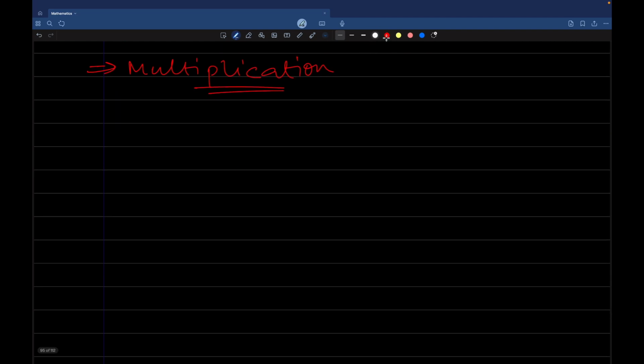We have one rule: plus into plus is plus, minus into minus is also plus. Then we have plus into minus. Let us take a different color. We have plus into minus is minus, minus into plus is also minus.